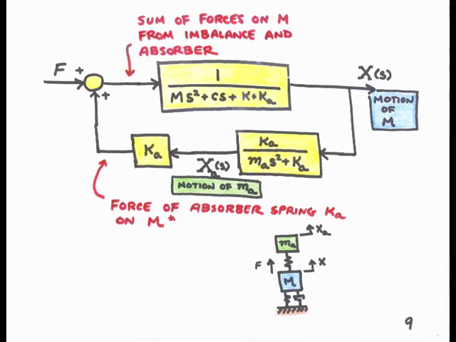So we've seen how the interaction between the absorber and mass capital M can be represented by a feedback loop.